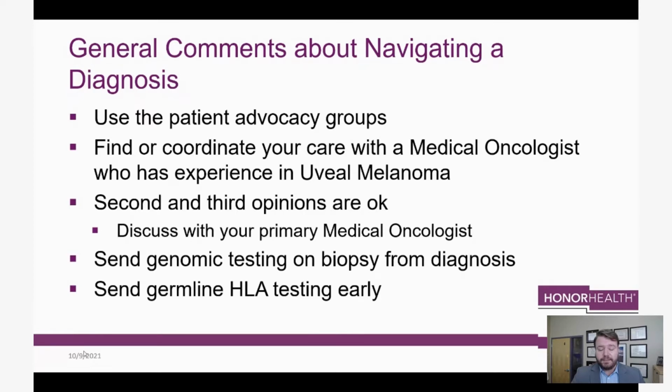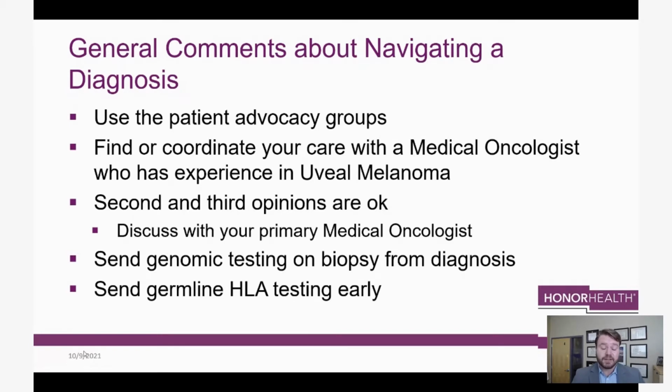Sometimes some companies are reporting HLA types based on the tumor sequencing, and this can be helpful because it may give us a quicker answer, but it's still important that we always send the germline test. When we take a tumor biopsy and try to test the HLA of the person and not the tumor, it's not 100% accurate, and that's because cancers become cancers because their DNA changes from what you were born with to something different.